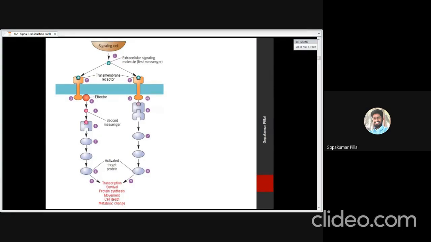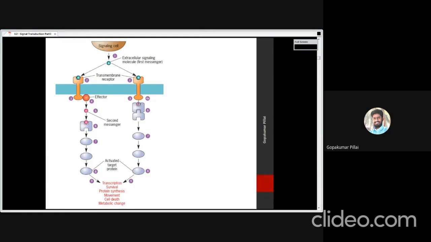It can also be called a ligand. Please understand this: extracellular messengers can also be called ligands. The extracellular signaling molecule is also called a ligand, and it is also called the first messenger, because it is the very first one that is going to transmit the signal.